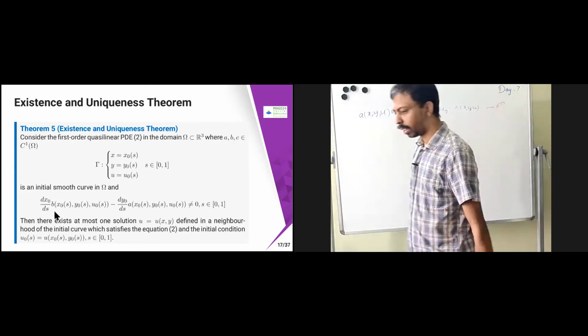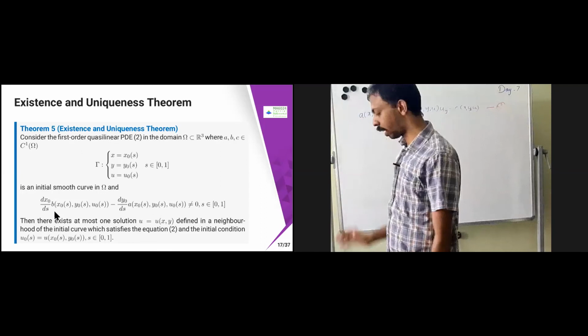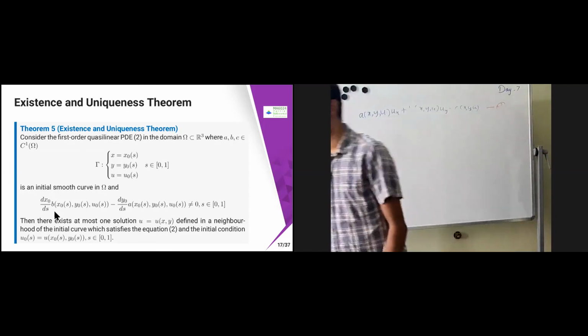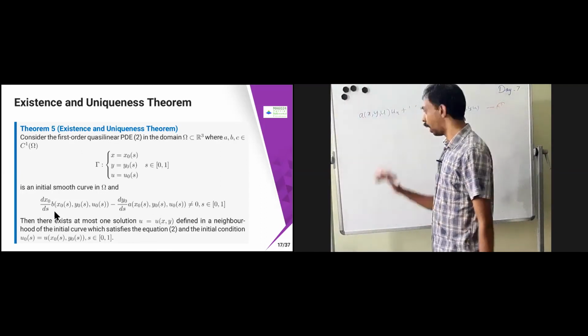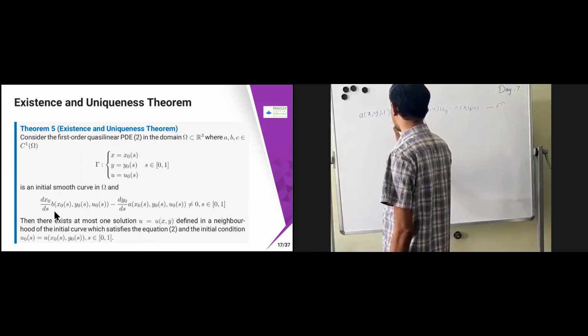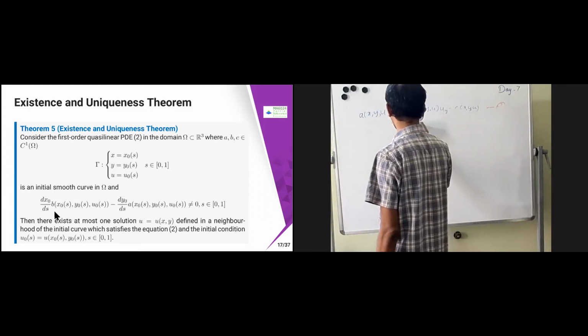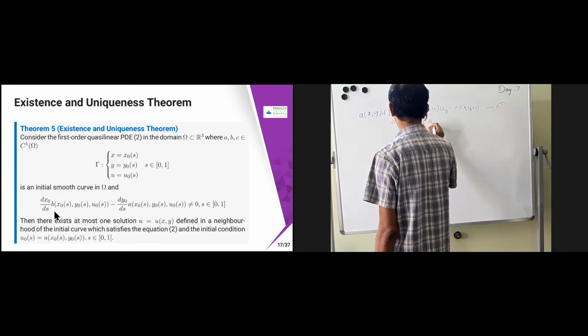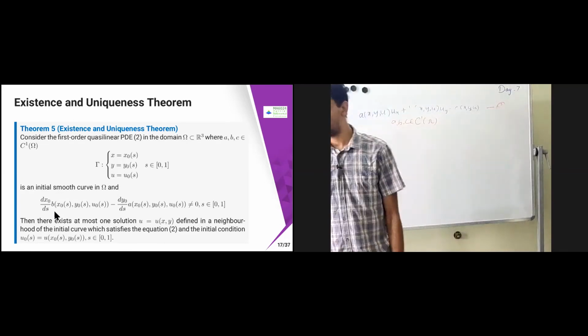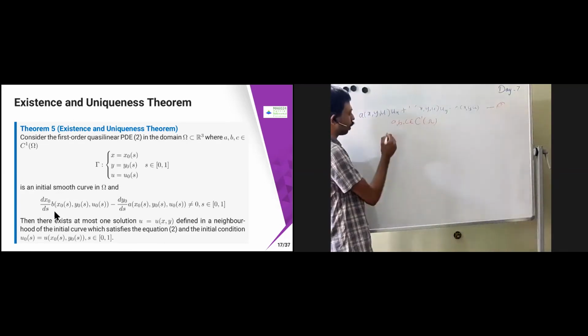Now consider the first order quasi-linear PDE in omega, a subset of R cube, where A, B, C belong to C1 of omega, again the same condition. Now take a curve, again the same curve we discussed in the previous one.